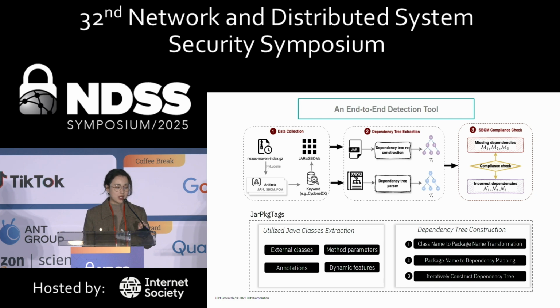After we retrieve the utilized Java classes, we recognize the dependency that provides each class and iteratively construct the dependency tree from the jar file. Similarly, we also parse the SBOM to obtain the dependency tree disclosed in the SBOM. And then we compare these two trees to identify if there are any inconsistencies.